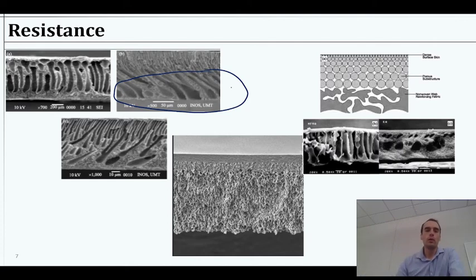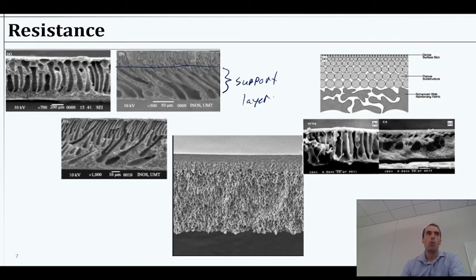So this is really what I would call the structural support. We could call it a support layer. It's designed essentially to hold up the separation layer while offering minimal resistance to the water that needs to flow through it.